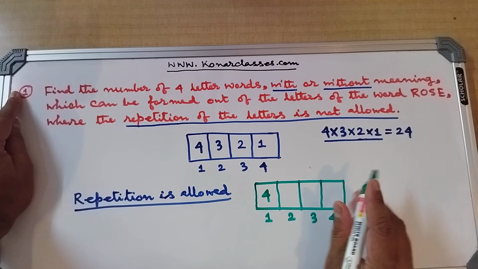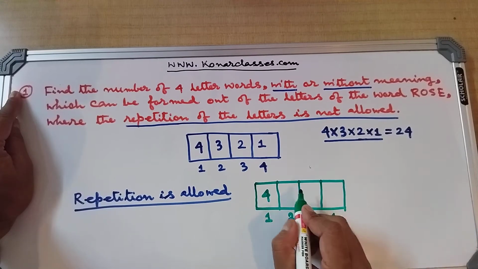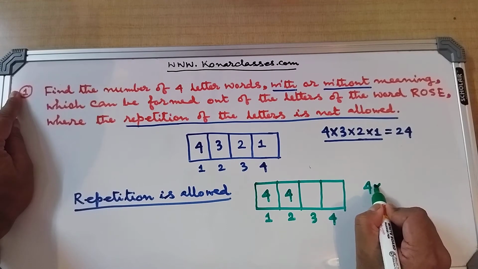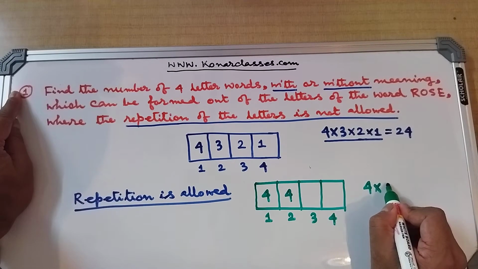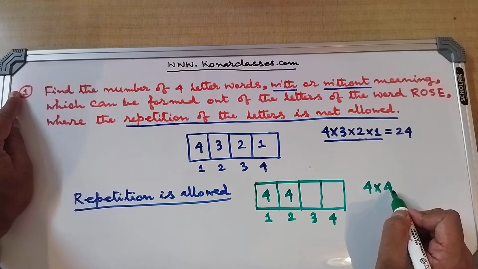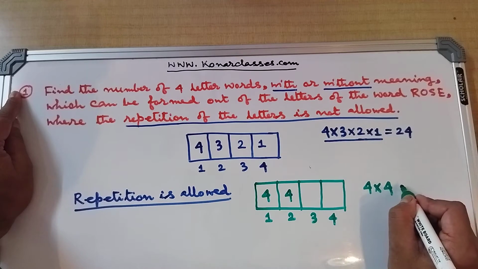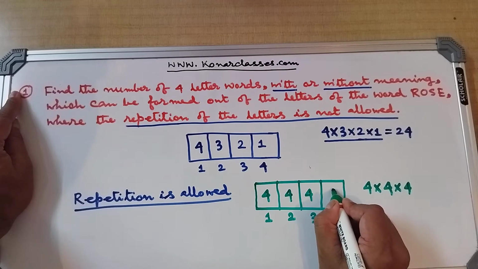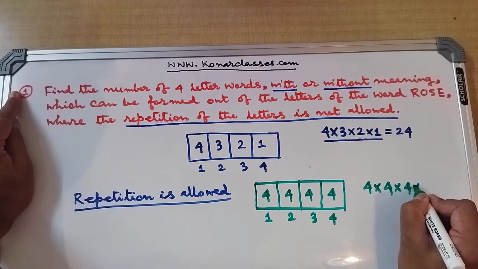So the third place can be chosen in 4 different ways. In how many ways can the first 2 places be selected? It is 4 into 4. Now for each of these 4 into 4 ways, the third position can also be chosen in 4 different ways, so into 4. In the similar manner, the fourth position can also be filled in 4 ways.